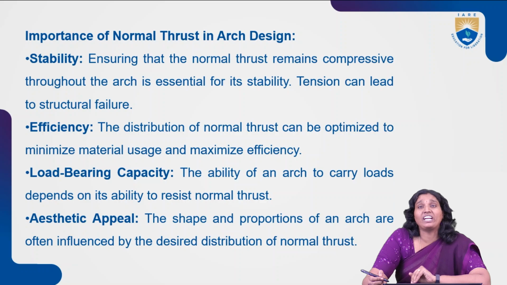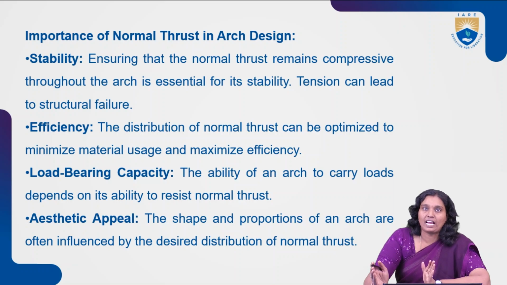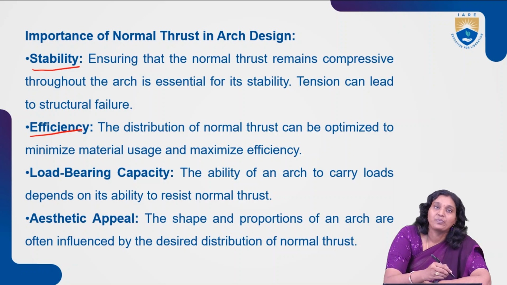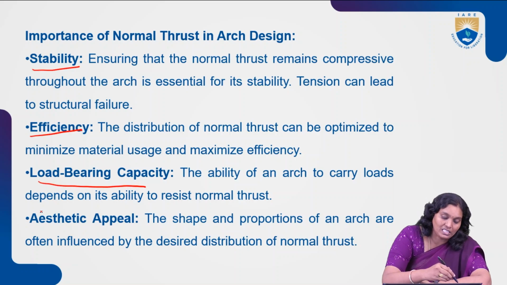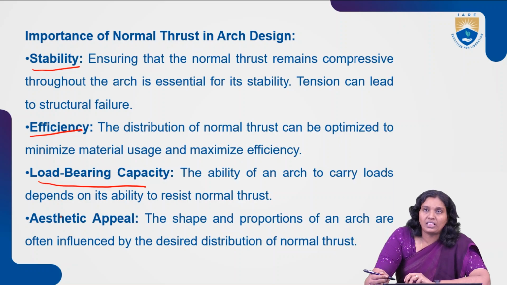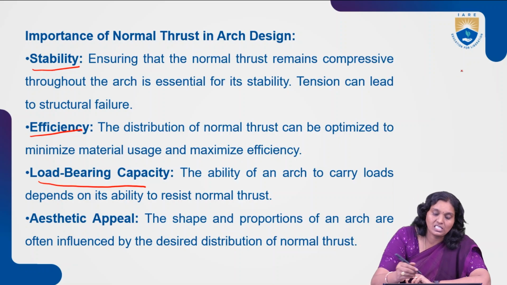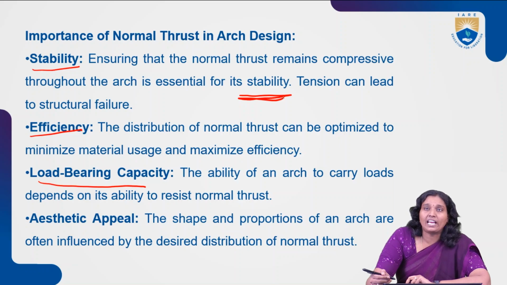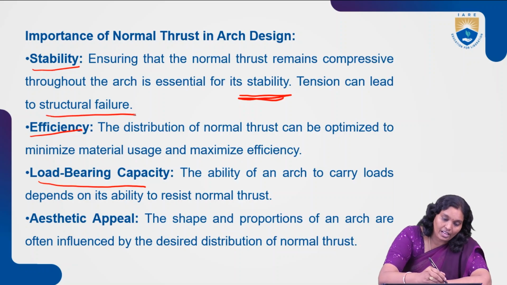Why is it important in design? The normal thrust is related to the horizontal components, the horizontal reactions, and according to that we design the stability, the efficiency, and the load bearing capacity of the arch. We must ensure the normal thrust remains compressive throughout the arch, which is essential for its stability, because tension can lead to structural failure.